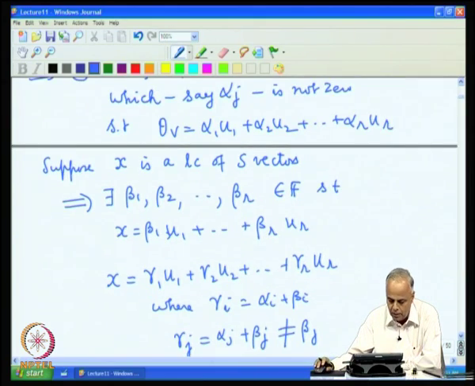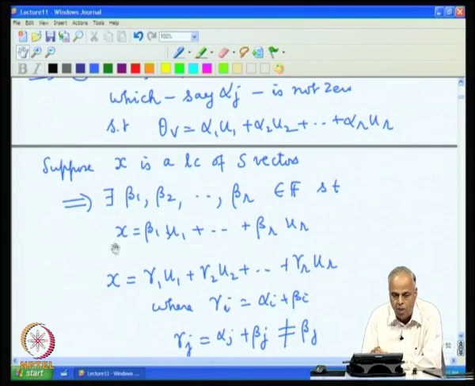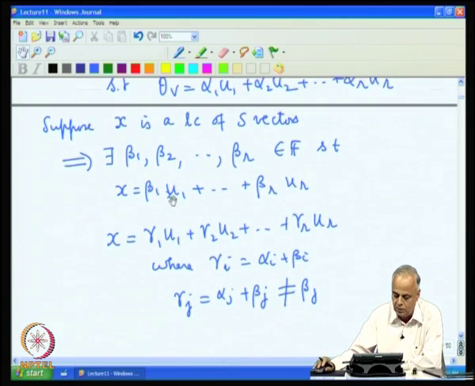What does that mean? We have one representation of x as a linear combination of u1, u2, ..., ur. We have now another representation of x as a linear combination of u1, u2, ..., ur. In these two representations, beta j is different from gamma j, and therefore they are two distinct representations.